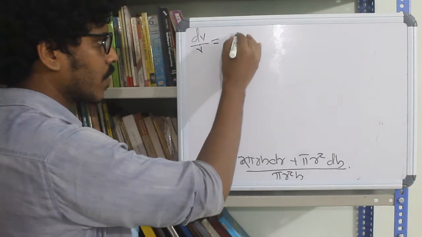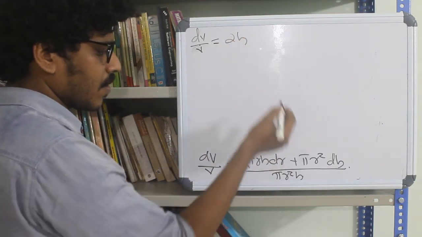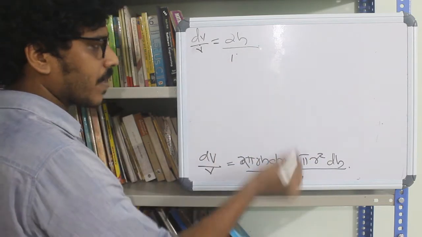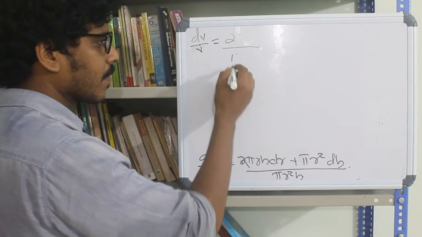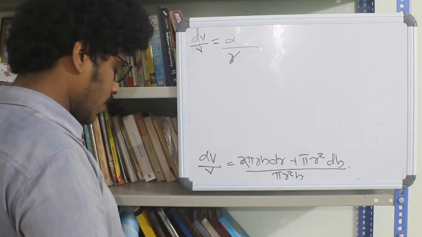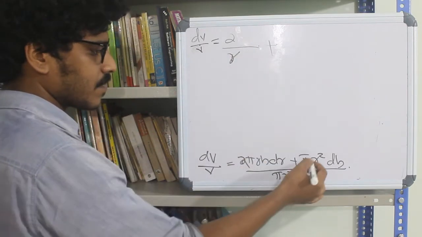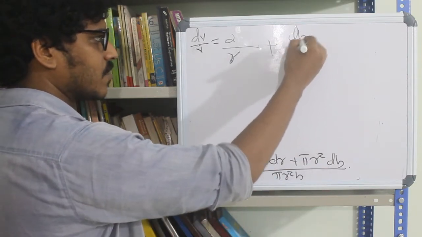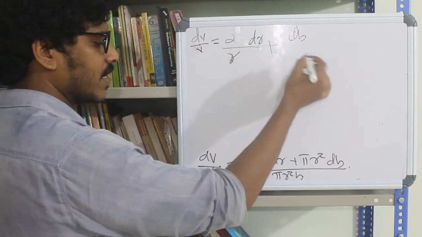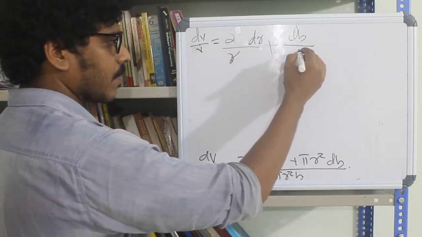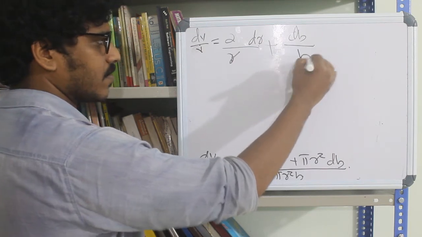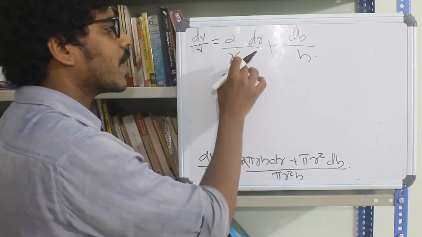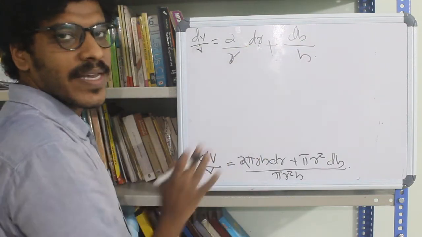What will be left? 2h by, h can also be cancelled out, so it will be 2 by r dr, plus here pi will be cancelled out, r square will be cancelled out, so dh by h, right? So dV by V is now 2 by r dr plus dh by h.